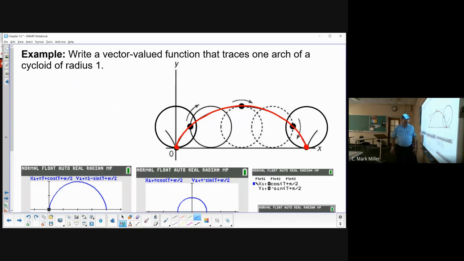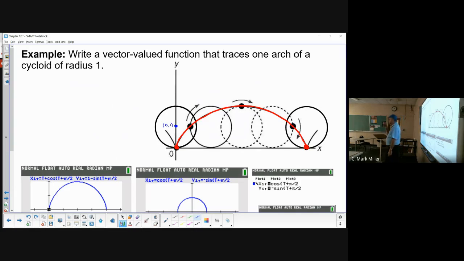Radius 1, right? So this is the point right here. 0, 1, right? How would I make that circle rotate starting at the bottom, not starting that way, of radius 1, but 1 unit up?